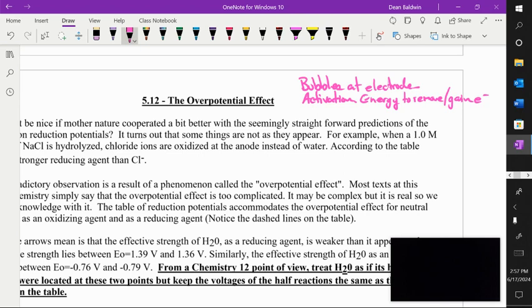So the bubbles can act as a barrier, and there's activation energy. If you use different electrodes, you can lower that activation energy, and it allows the electrons to transfer a little easier. There's also the movement of ions through the medium, like the aqueous solution. Sometimes it'll be fast, sometimes it'll be slow. There'll be concentration gradients within the solution that can act as barriers, or speed things up or slow things down. Essentially, there's a couple other things as well.